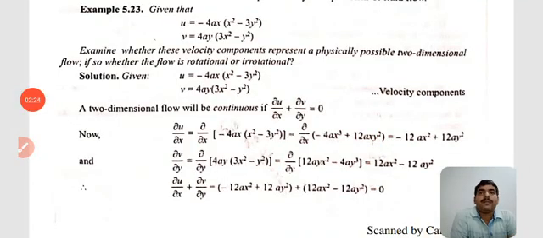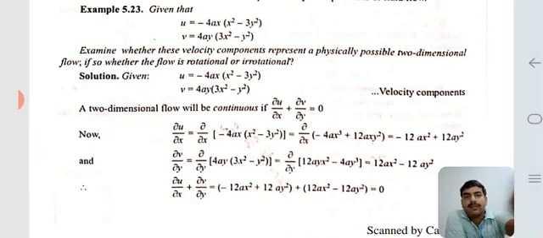The example is given here. Given that the velocity components along the x and y axes are u equal to minus 4ax(x square minus 3y square), and the velocity component along the y axis, v, is equal to 4ay(3x square minus y square).